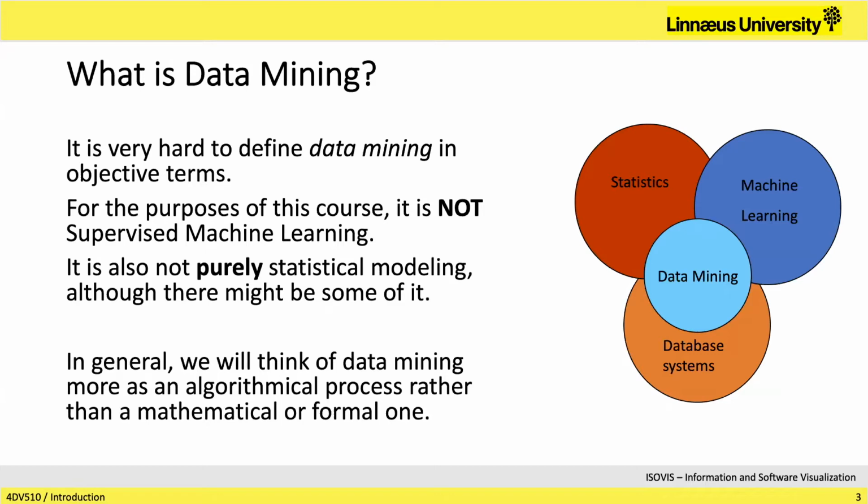So maybe if the distribution is Gaussian or normal, you do one thing, and if it's not, then you do something else. These things could be intertwined with the data mining algorithms. However, that's not a requirement that you have a super clear understanding of statistics, advanced statistics or anything like that. Because in general, we will think of data mining more like an algorithmic process. So more like programming.